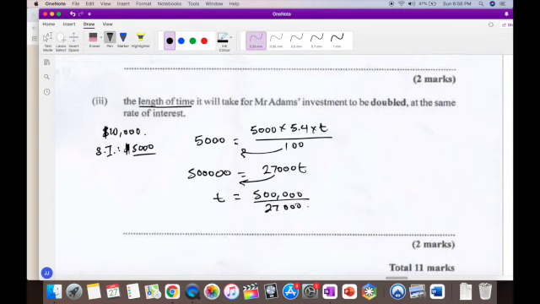That will give us 18.5 years. So it will take 18.5 years for him to double his investment.